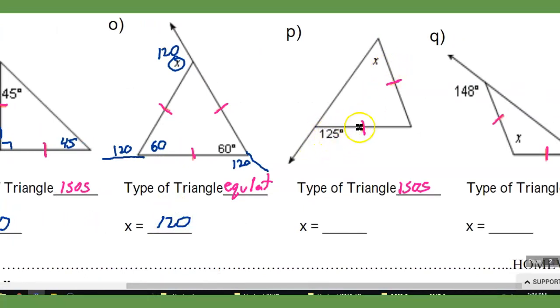Over here, same thing. Across from here we have x, so across from here we have x. So much like here, 60 plus 120 is 180. 125 plus what is 180? So we end up with 55.